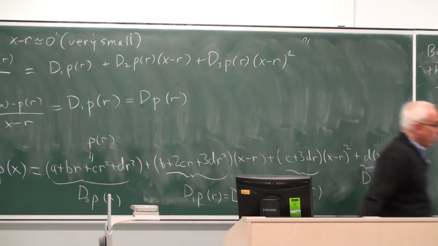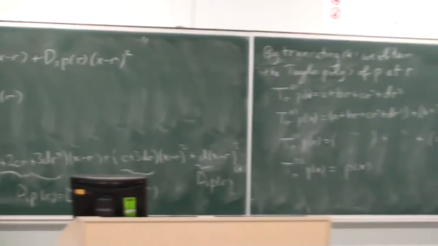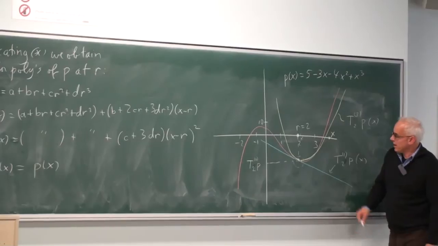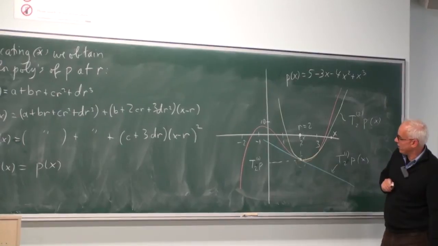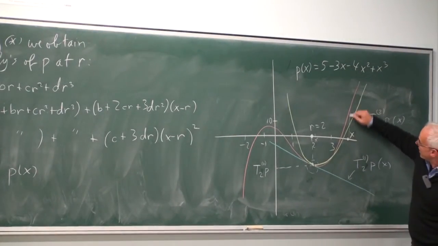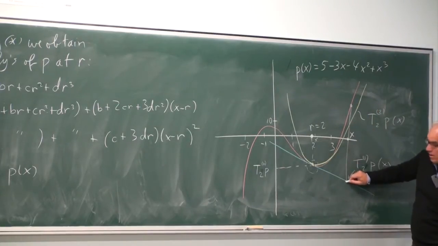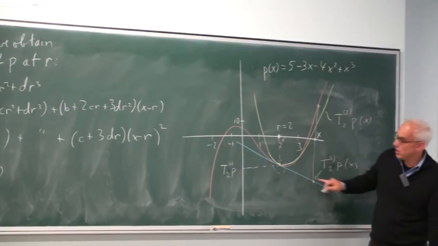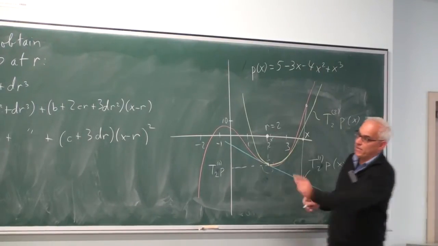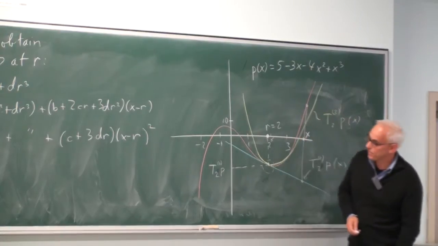Okay. So in terms of the diagram, if we're at some point, and the point doesn't have to be close to r at all, and we're interested in the difference between the function's value at x, which is up here, and the linear approximation of the tangent line, then it's given by the sum of the last two terms in our expression star.